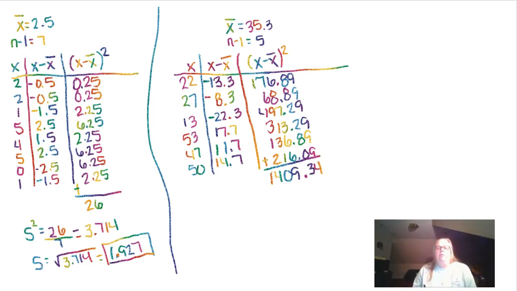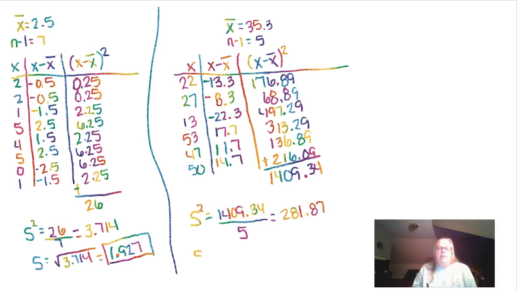All right, and I have added all my squares together and my total is 1,409.34. The variance, or S squared, is going to be the sum of those squares divided by our n minus 1 value up here, which was 5. And this is going to give me 281.87.